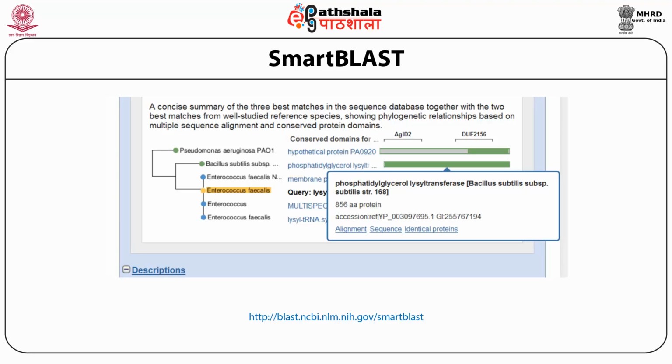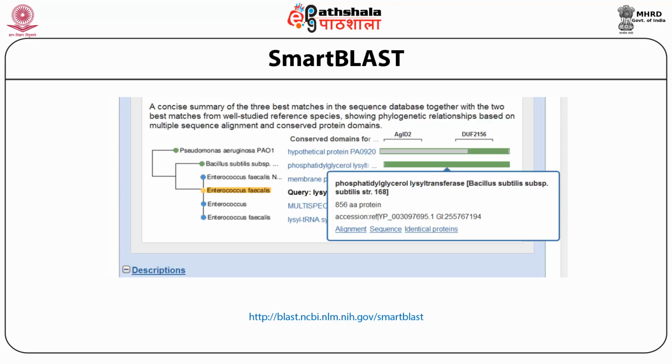SmartBLAST produces the results using a combination of an optimized BlastP, a new implementation of BLAST meant to find closely related matches, and a multiple alignment. Additionally, SmartBLAST presents conserved domain database matches to the query.